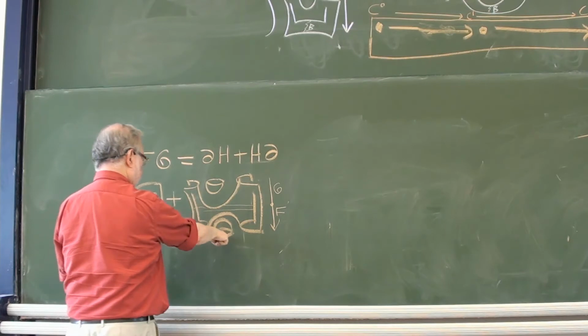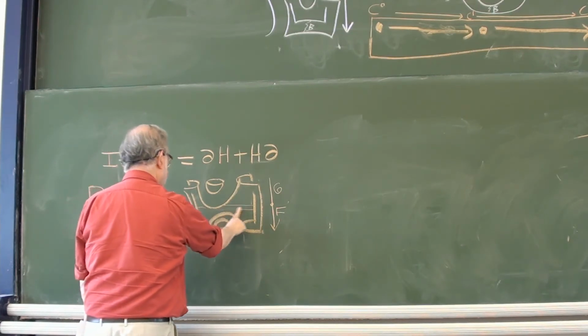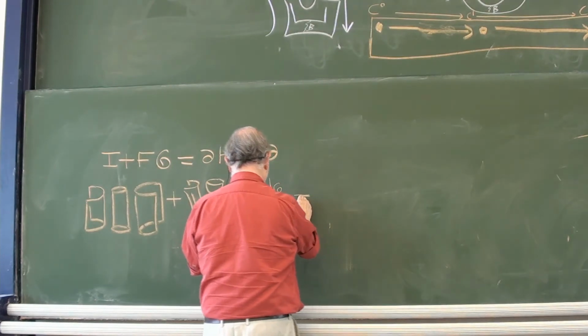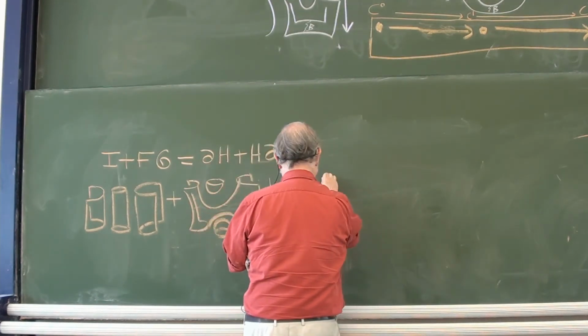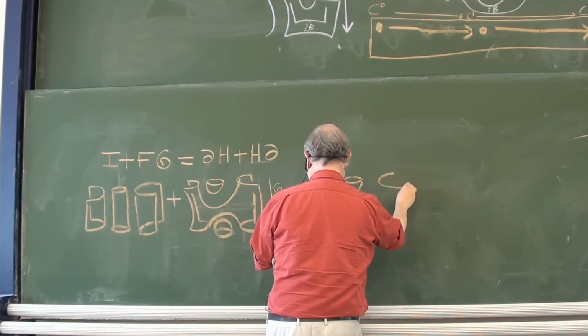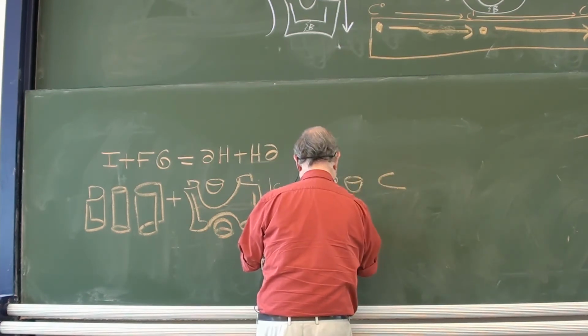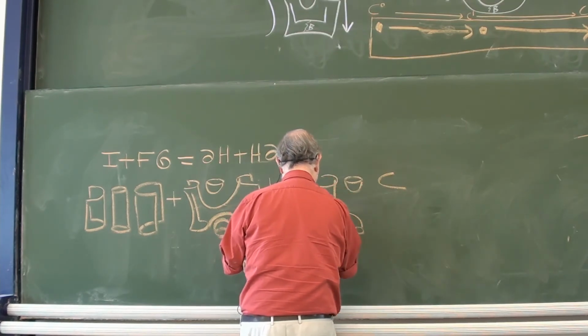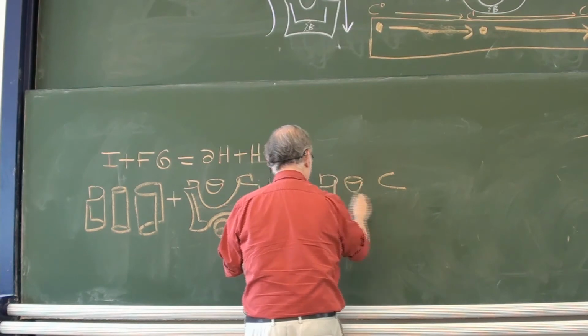We started here and we ended up creating a loop. So that's GF. And then this should be equal to boundary H and H boundary. Now, let me draw them, and hopefully persuade you that I've drawn them.